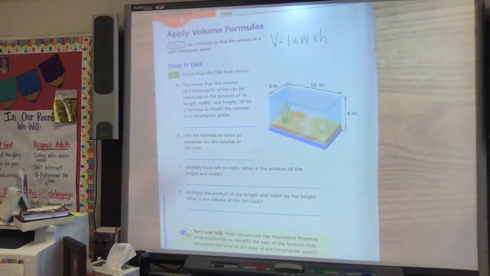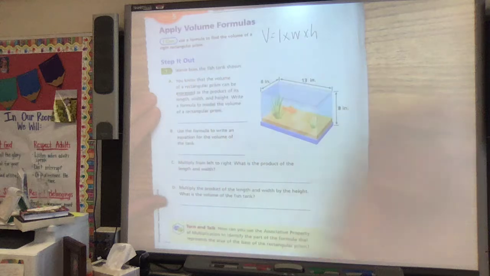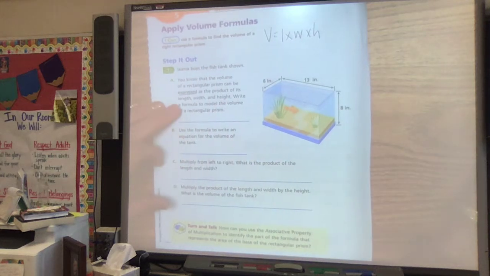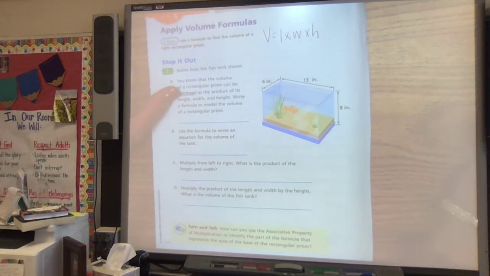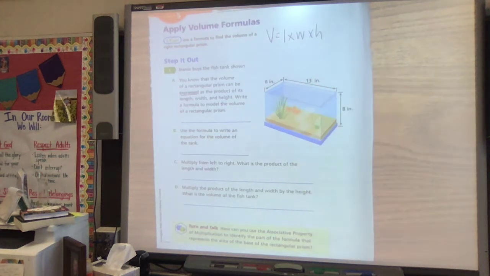So the first one says Jeannie buys the fish tanks shown. You know that the volume of a rectangular prism can be expressed or found as the product of length, width, and height. Write a formula to model the volume of this rectangular prism. So let's look at what we could write.